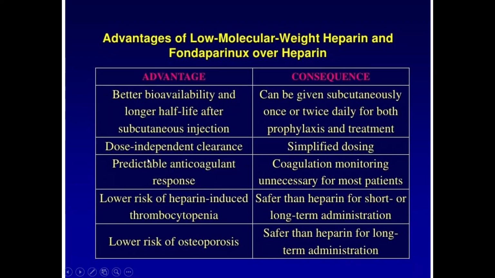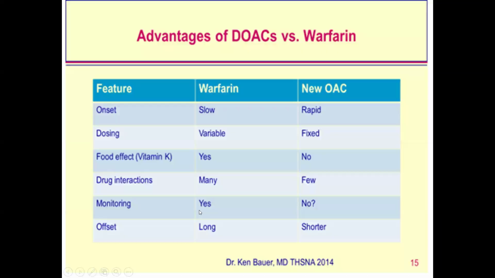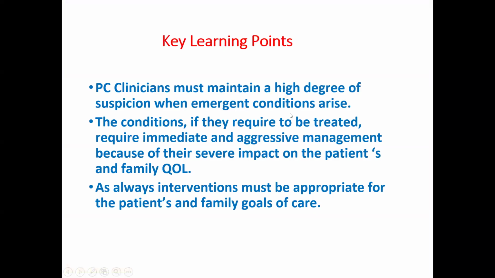Okay, so the most important is the lower risk of heparin-induced thrombocytopenia. Okay, and the advantage of the DOACs versus warfarin is that you don't need to monitor these new drugs, the DOACs. So again, these are the key learning points of my presentation.